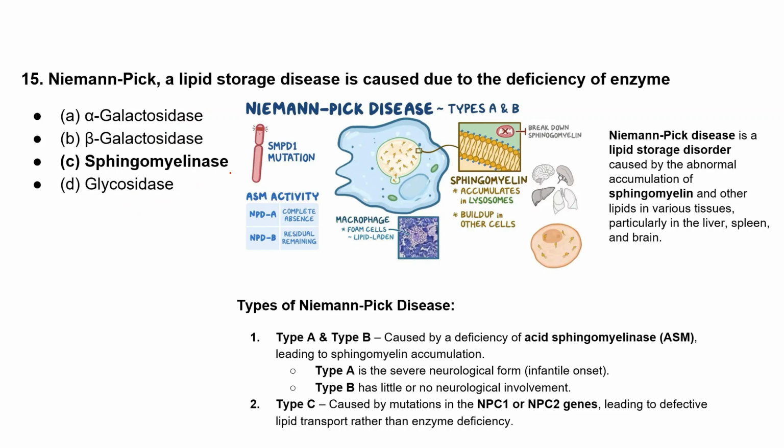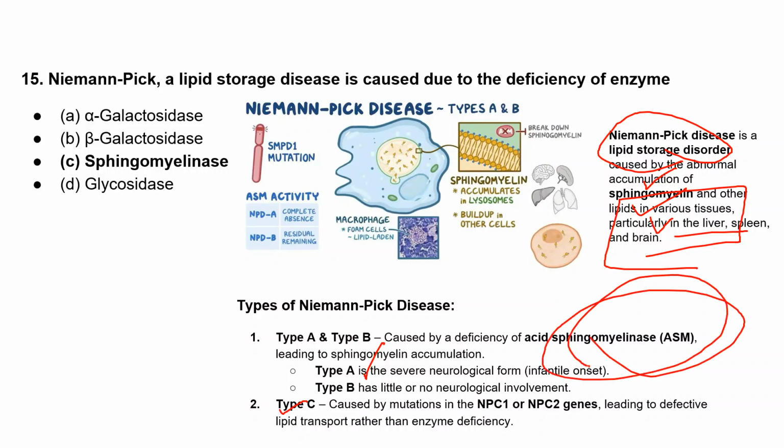So this is Niemann-Pick disease, which is a lipid storage disorder, and it is caused by the abnormal accumulation of sphingomyelin and other lipids in various tissues, particularly in the liver, spleen, and brain. You are right, sphingomyelinase is the right answer, and there are three types of Niemann-Pick disease: type A, type B, and type C. Type A is caused by a deficiency of acid sphingomyelinase, which leads to sphingomyelin accumulation.